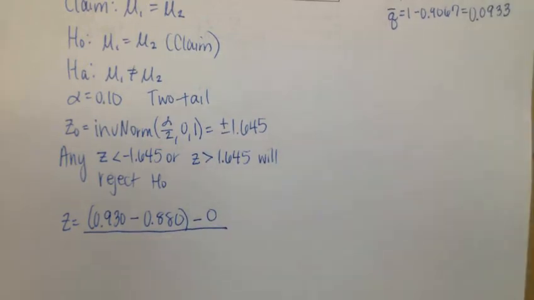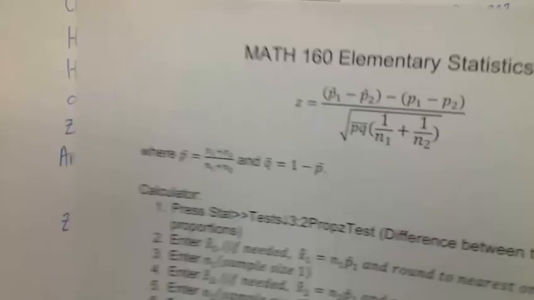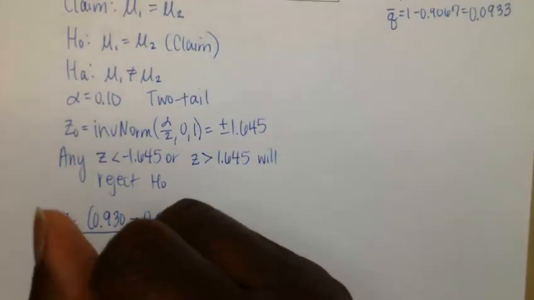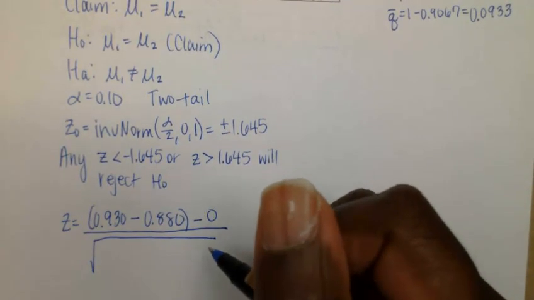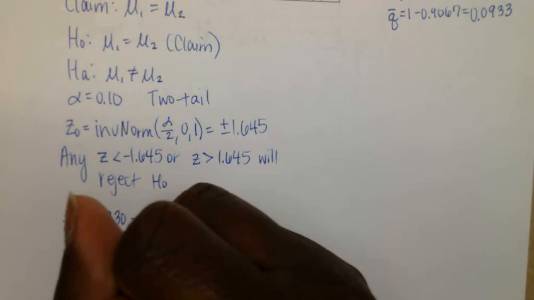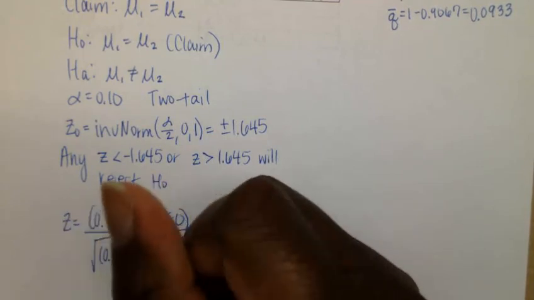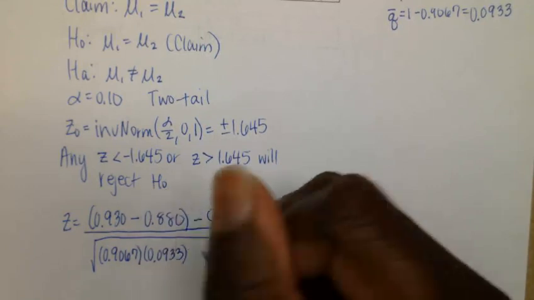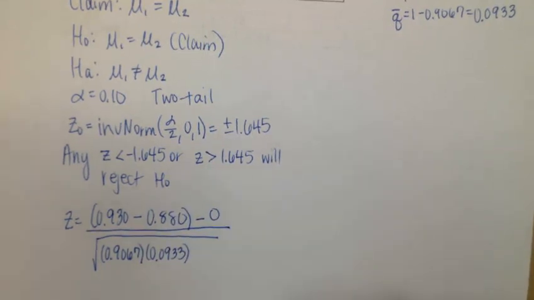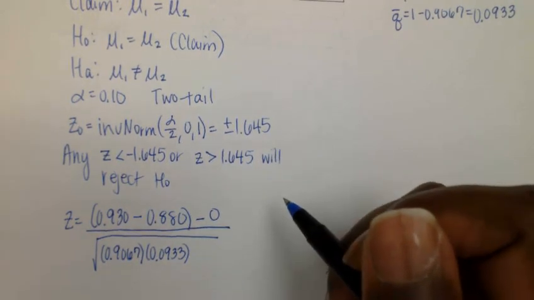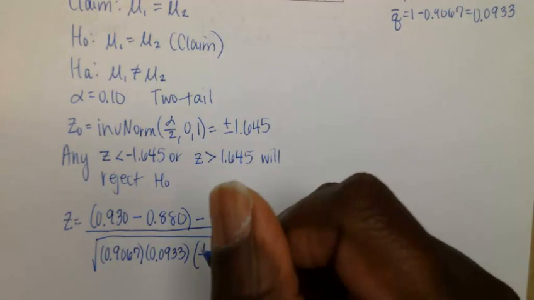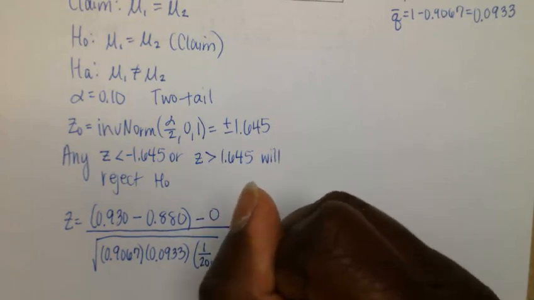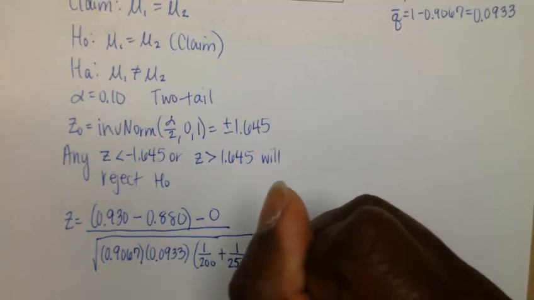Then the standard error is the square root of p bar q bar times the quantity 1 over n1 plus 1 over n2.